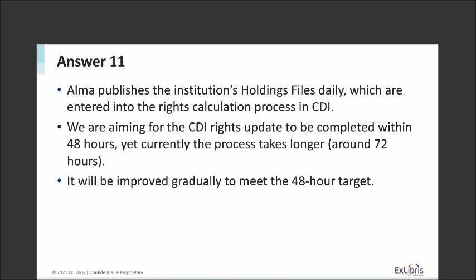I know they're trying to find a better way to calculate the rights, even creative ways to handle this huge amount of data in shorter time. This is a development task to gradually improve the rights processing procedure to meet the 48-hour target. I don't have a timeline for this, but I believe this is an ongoing process.